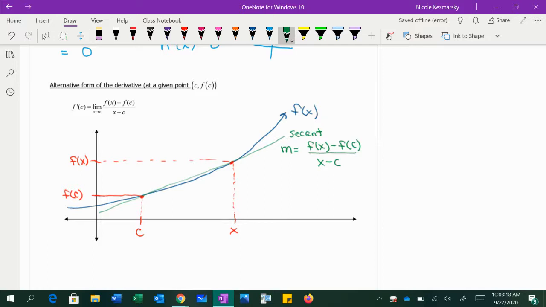And ultimately what I want is I want this second point to move towards the first point. So I want x to get closer to c. I want x to become c. And so you see that here in the notation as x approaches c. So we're taking this right here, the slope of the secant line. Oops, let me make that yellow. So the slope of the secant line, and that's right here. Okay, and so that can be used when we have a specific point, and we'll deal with that as we go through the next couple of sections.